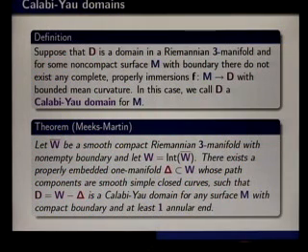Then I will say that's a Calabi-Yau domain for that surface. You could think of your favorite mean curvature and make it constant, but you could generalize the question. Do certain domains admit complete, proper immersions with bounded mean curvature?